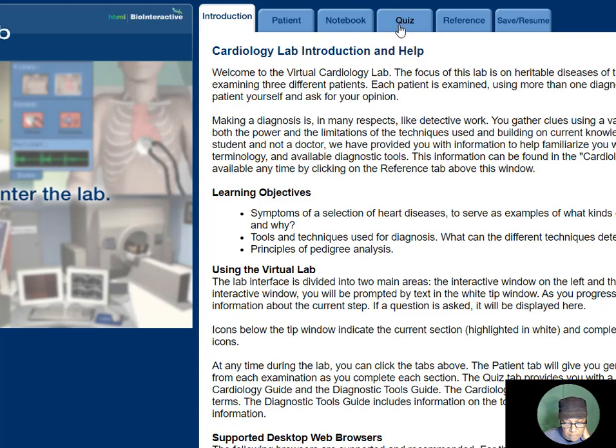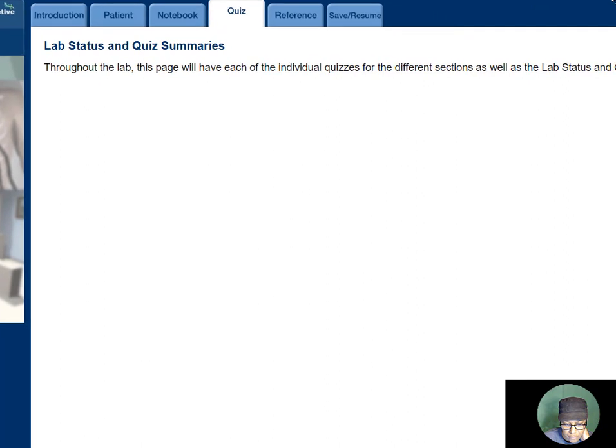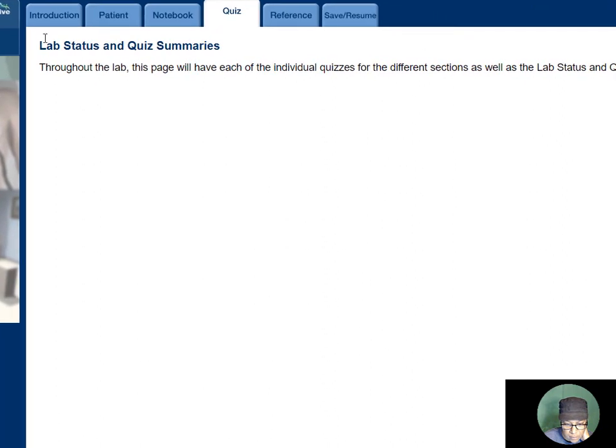Once you finish the lab, all the quizzes that you took while you were in the lab are going to be in this quiz section. You're just going to print it out. This one's empty because it hasn't been done, but you'll have all the quizzes right here. You're just going to do a screenshot of this full quiz page with all your quizzes and responses in there for me, and that's what you're going to upload.